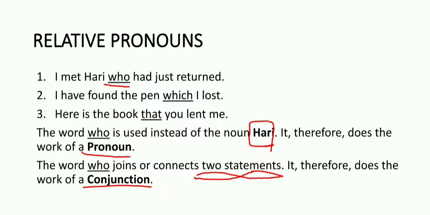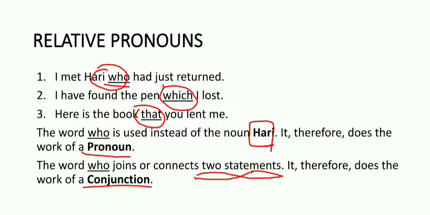That is why we may say who, or which, or that. The three relative pronouns are used as a pronoun and do the work of a conjunction. That is why these are called conjunctive pronouns. What do we say? Conjunctive pronouns. Why?